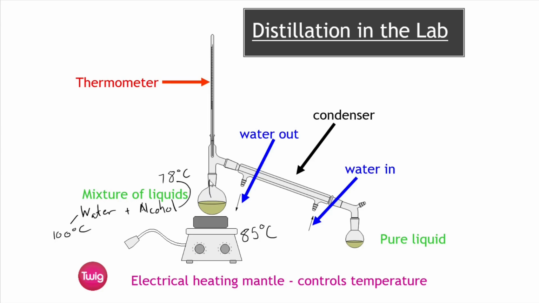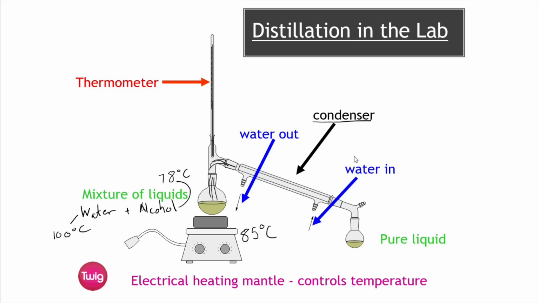And the alcohol will turn into alcohol vapor, a gas, and travel up the tube here and be forced into the next section of the apparatus, which is called the condenser. And it does exactly what it says on the tin. It condenses the alcohol from a gas back into a liquid. And how does it do this?